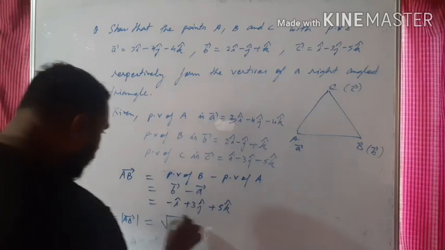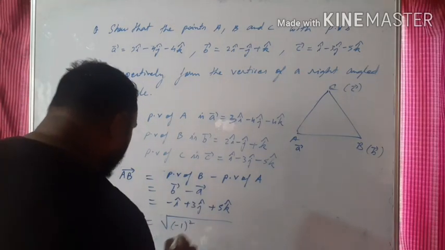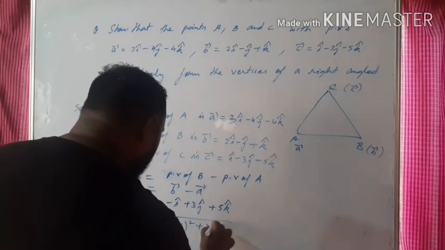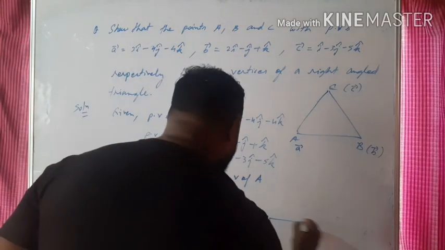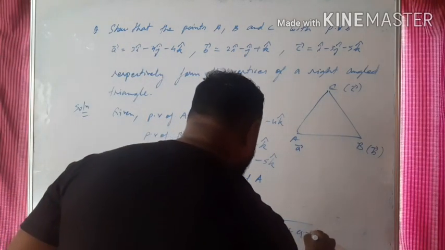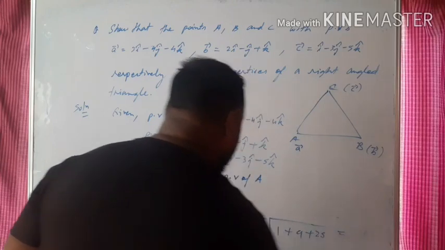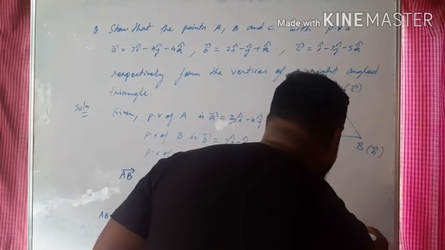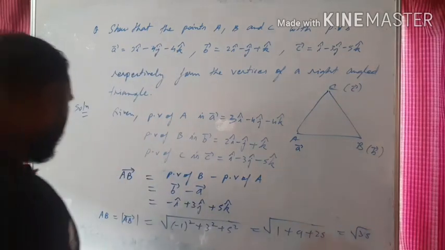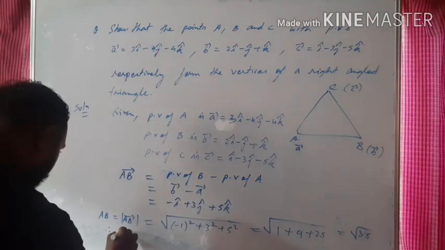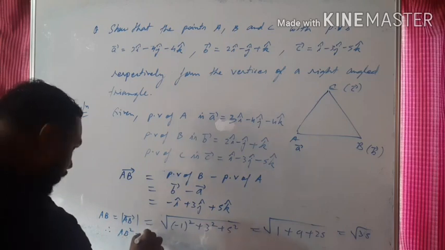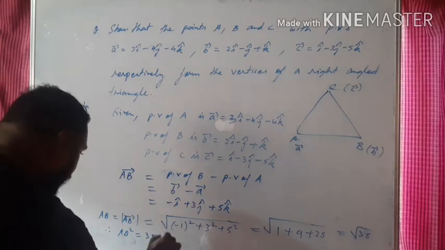So it will be root over minus 1 whole square plus 3 square plus 5 square, which is root over 1 plus 9 plus 25, that is root 35. So AB is root 35, therefore AB square will be 35.